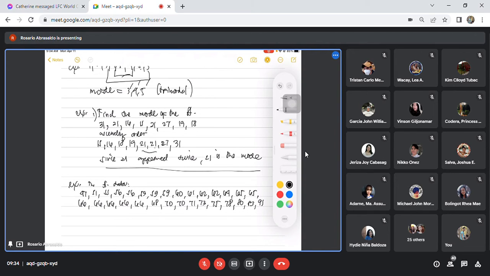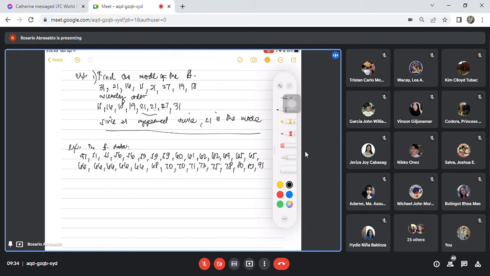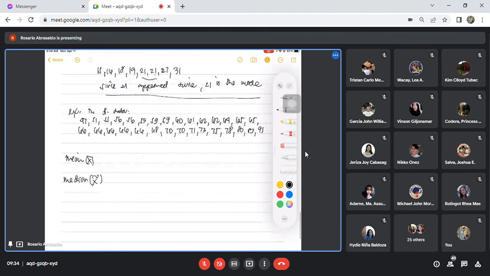Okay, class. So gamiton nato ni siya og ungrouped data, the three averages: the mean, x bar, because kani nga data is taken from the sample, the median, and the mode.